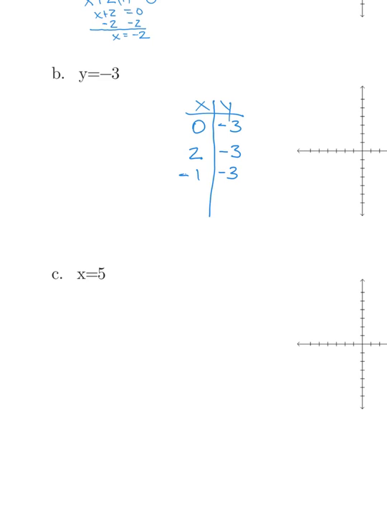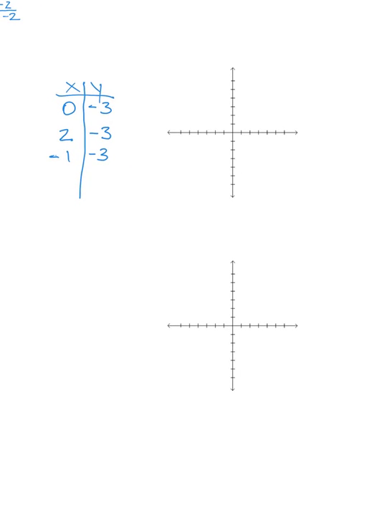So if we graph this, let's see what it looks like. For the first point, we're going to go ahead and plot this. We have (0, -3), which means that I'm going to start at 0. I do not want to go left or right. I just want to go down 3. Where are we going to end up?